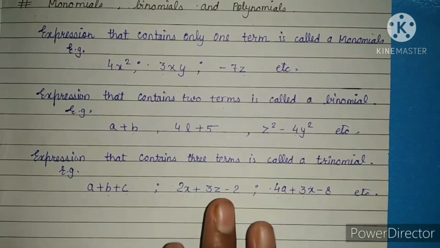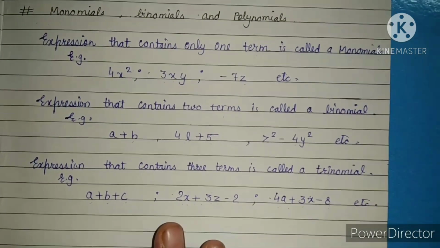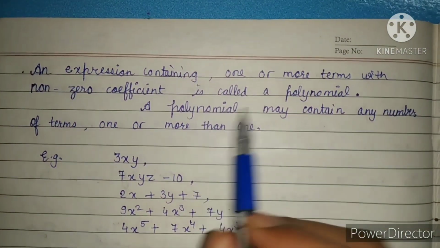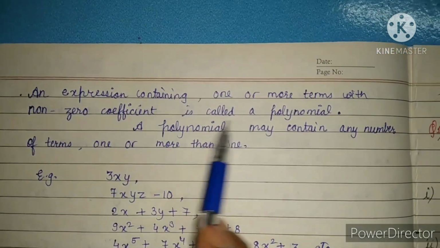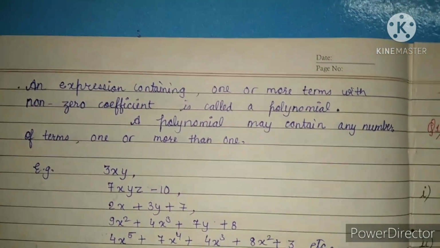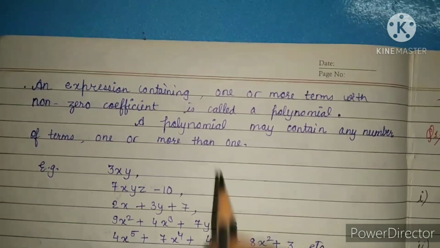All together they can be called a polynomial: an expression containing one or more terms with non-zero coefficient is called a polynomial. Why do they say non-zero coefficient?